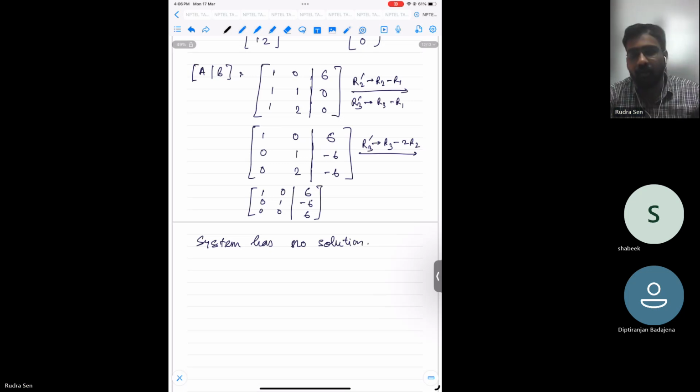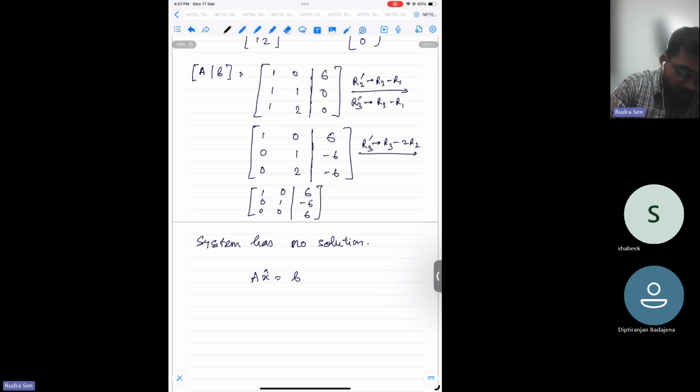right? So for that case, in that scenario, we need to do least square approximation. That means we need to find out a solution which is very nearer to the exact solution, but not the exact one. So that means this is A x hat equals to b for that case. So x hat is basically the approximated solution. And what we do, we multiply both sides with A transpose.